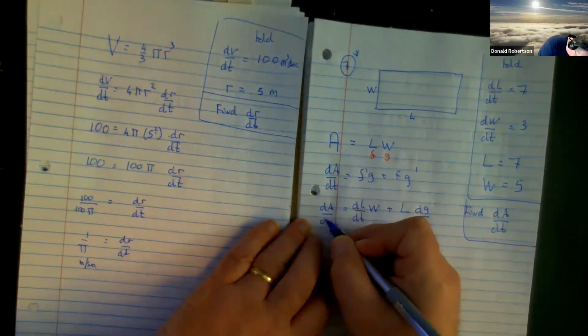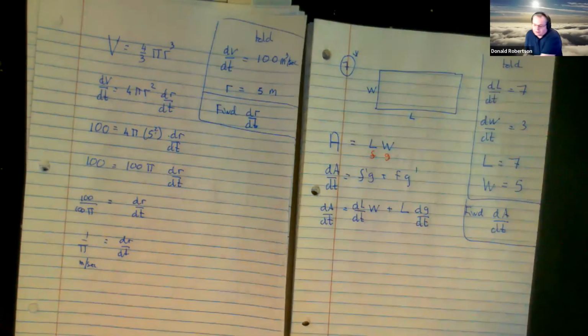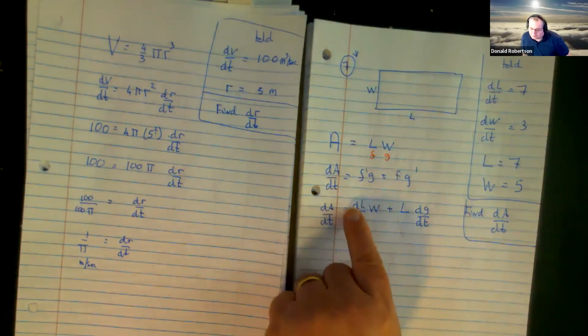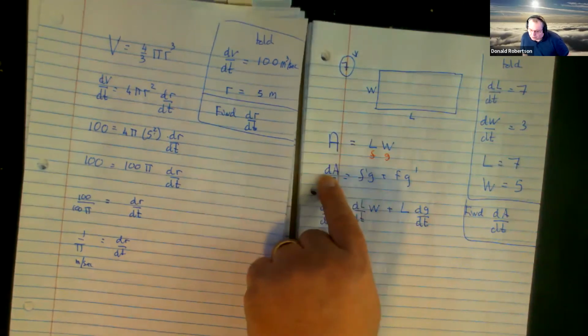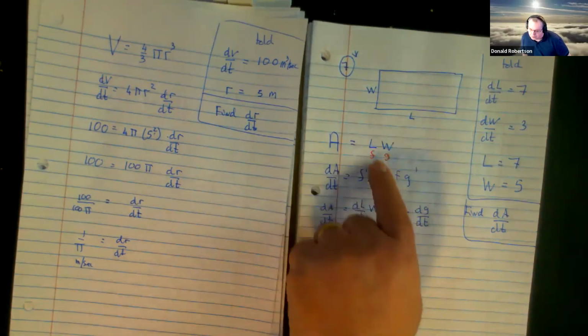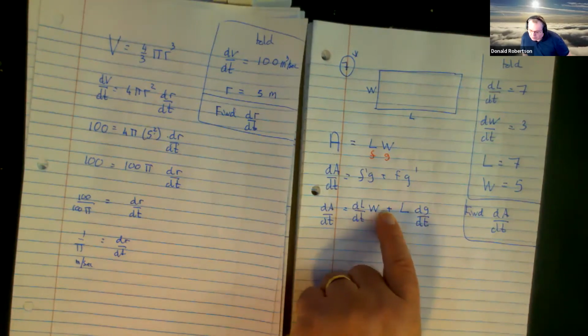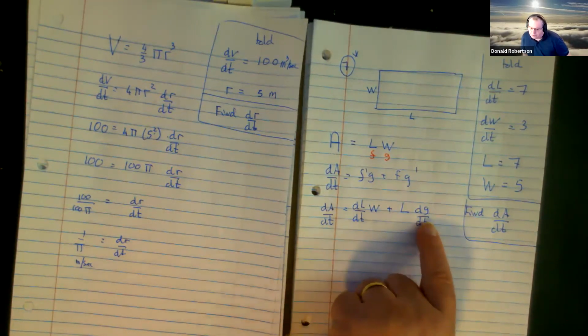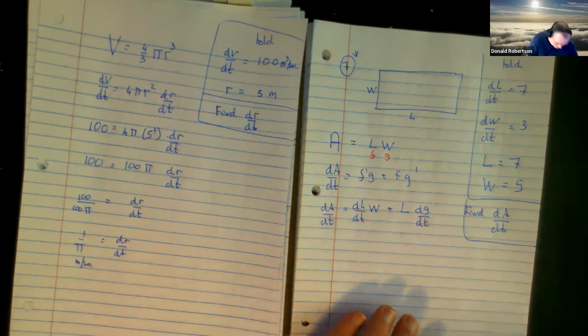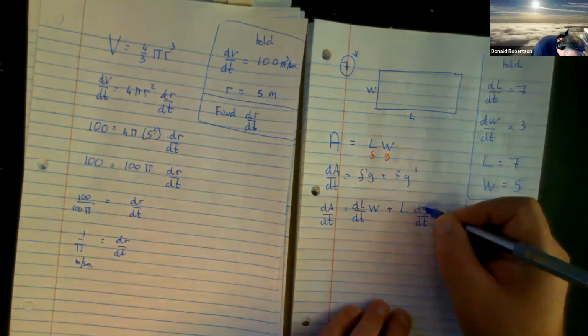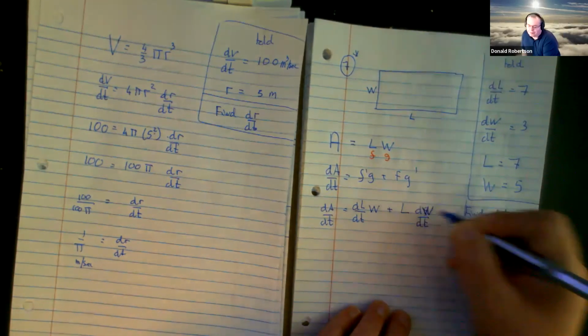Are you comfortable with that line of work? Does it make sense? Differentiate with t, had to do a product rule. First guy's derivative, leave the second one alone, plus leave the first one alone, differentiate the second guy, and the second guy is called W, by the way.